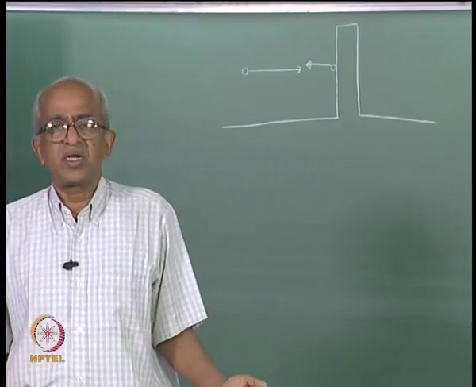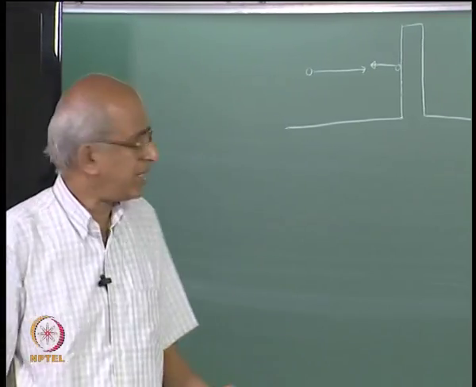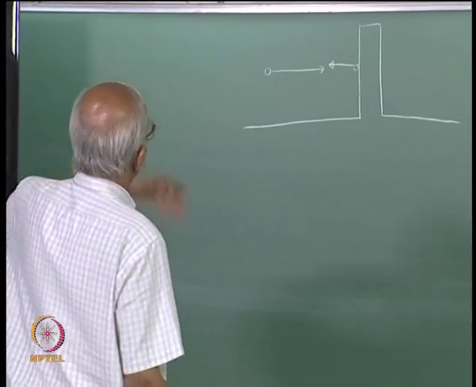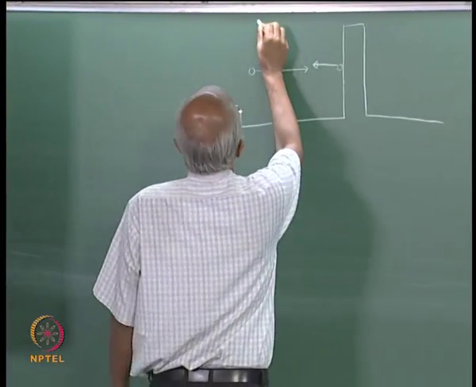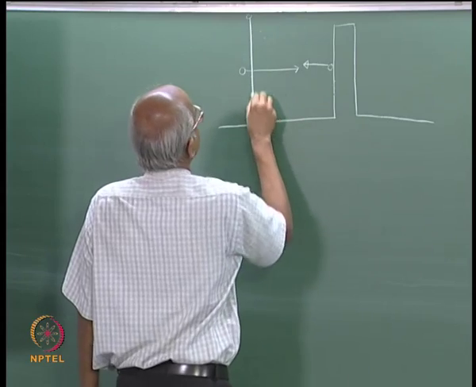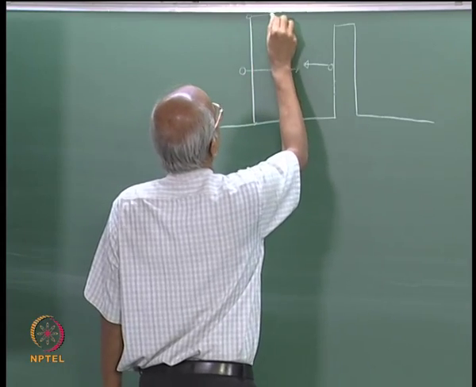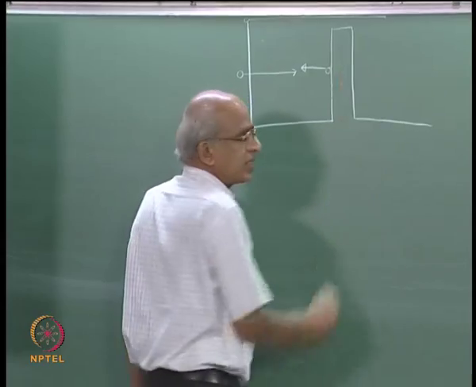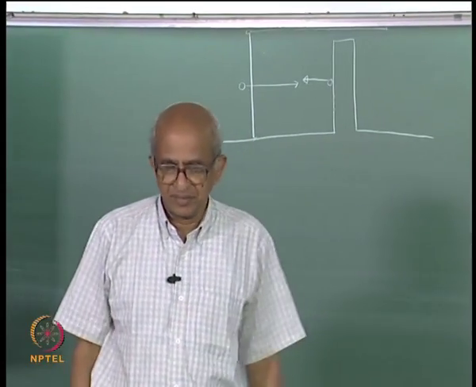So this is what happens in classical mechanics. On the other hand, if it had enough energy to go over the barrier, that means suppose the particle had that much energy which is just enough to go over the wall, then it will definitely go to the other side.